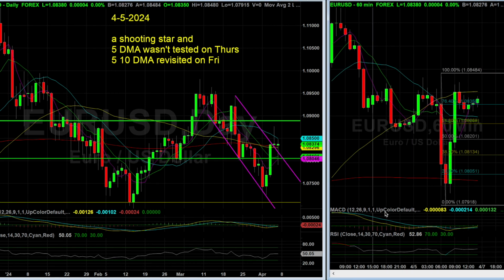Next week, if you look at the US dollar 60-minute chart on the right, if there's a retracement, how deep it should go down. If it goes 50%, it will be 1.082. I think on Monday the 5-day moving average on daily chart should be around 1.082, a little bit above.